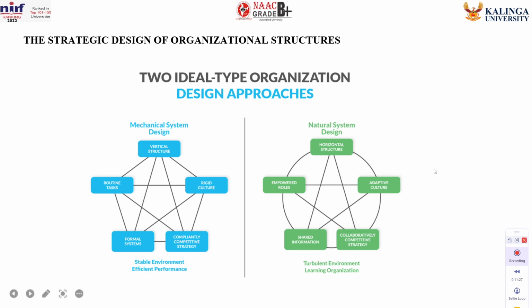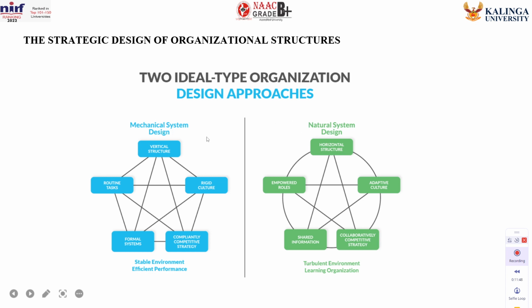Adaptive culture, so the culture will be very flexible to adapt. Shared information, so information sharing will be very transparent. Collaboratively competitive strategy, so the competitive strategy will be based on collaboration between individuals, right? So these are the two ideal types of organizational design.